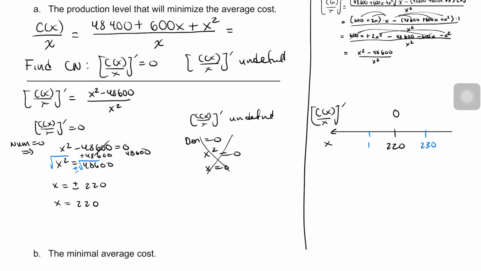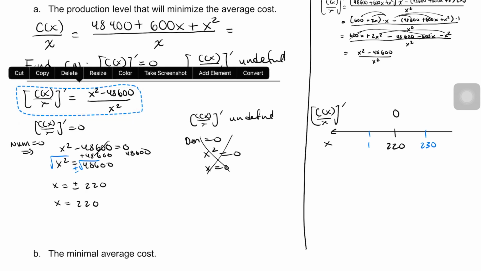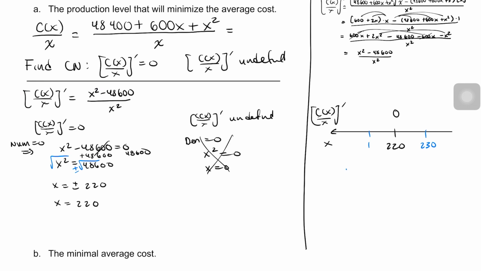So we'll plug those into the derivative function. Let's try that over here. We're going to try plugging in x equals 1, and I chose 1 because that's an easy value to plug in.